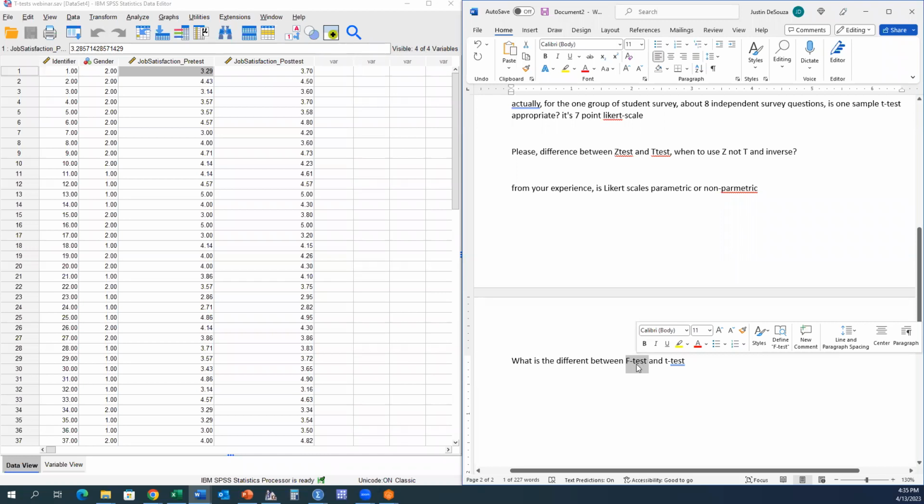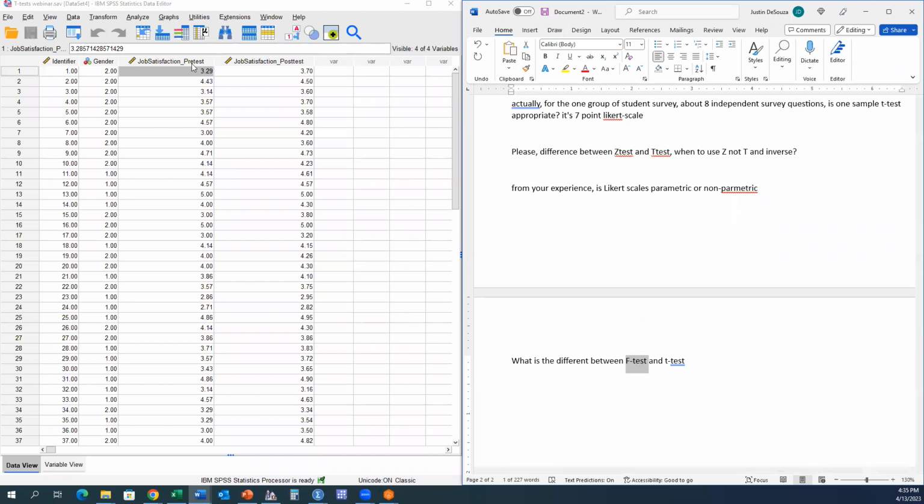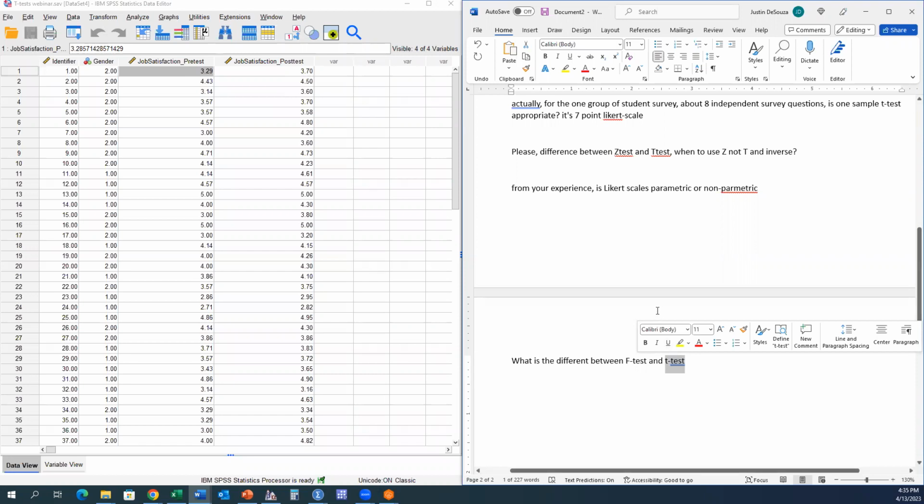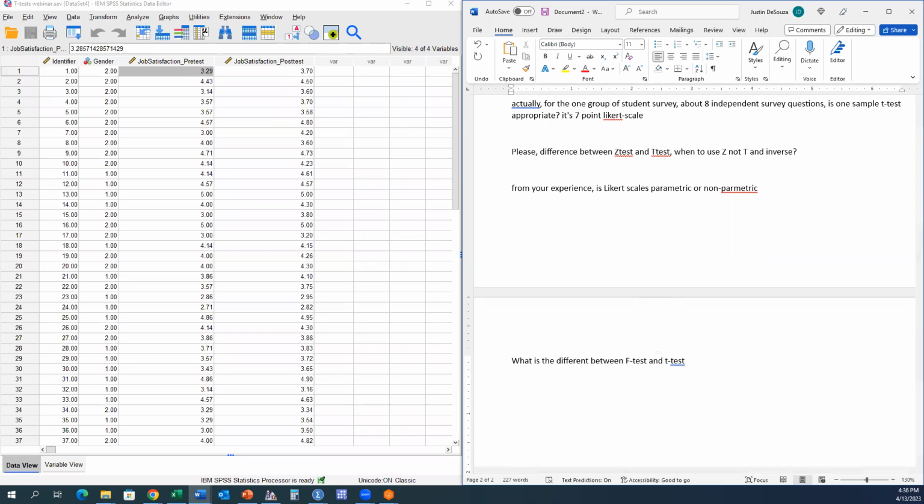If you're running an ANOVA, is there a difference in job satisfaction based on ethnicity, and you have multiple ethnicities, that's when you use an F-test. A t-test is only used to compare two groups or 2 points in time. Right? ANOVAs and regressions, F-test; t-test, group comparisons.